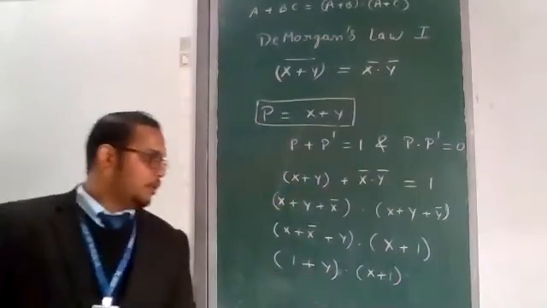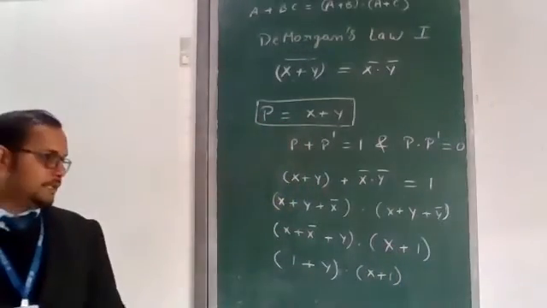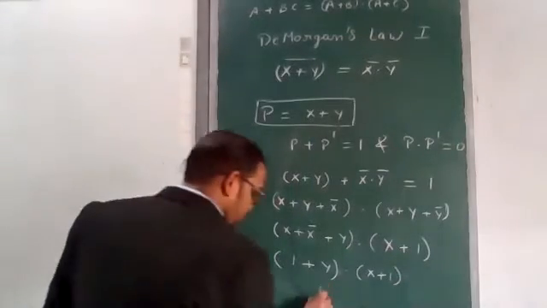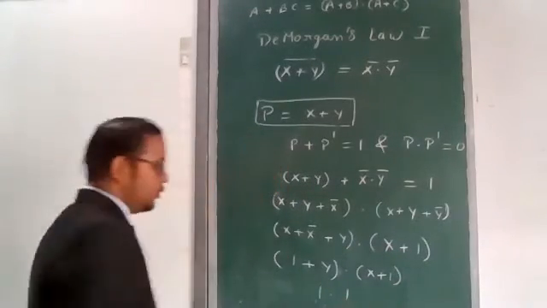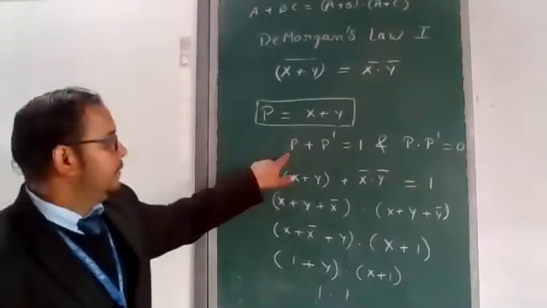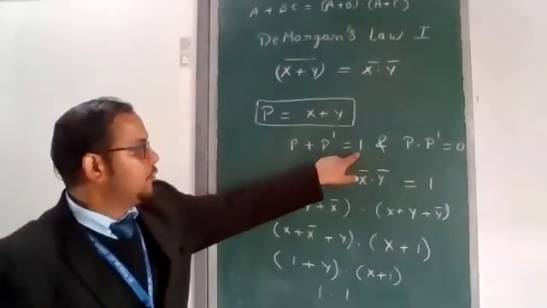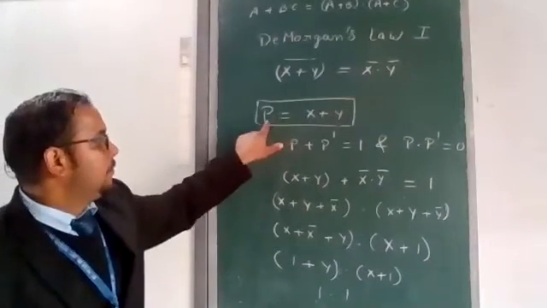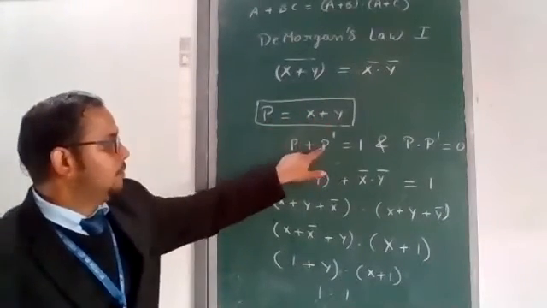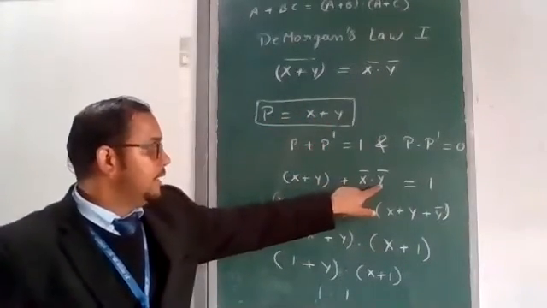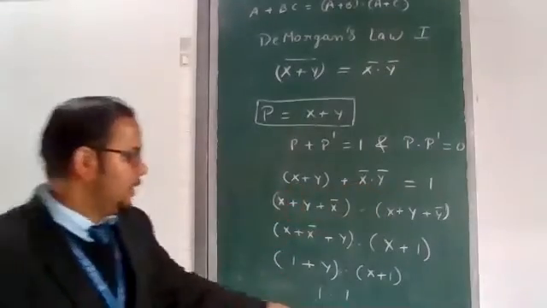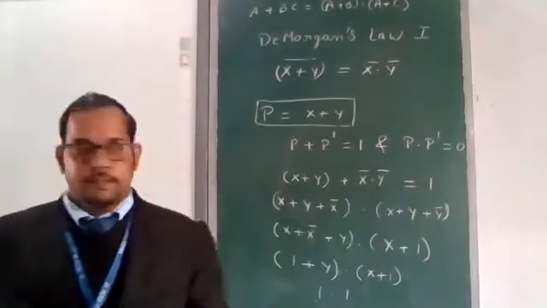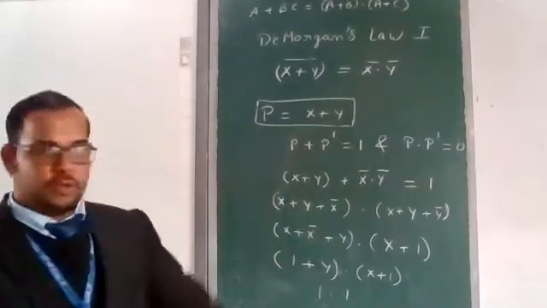Then 1 plus y or 1 plus x, we know that it is 1. 1 dot 1 is 1. So p plus p complement equals 1. Here we have taken the value of p as x plus y and its complement as x complement dot y complement. When we solve this, we get 1. Then it means left hand side is equal to right hand side.